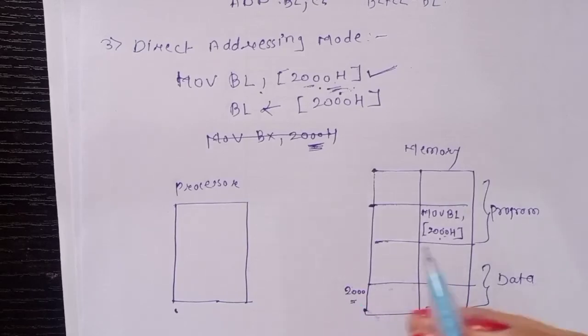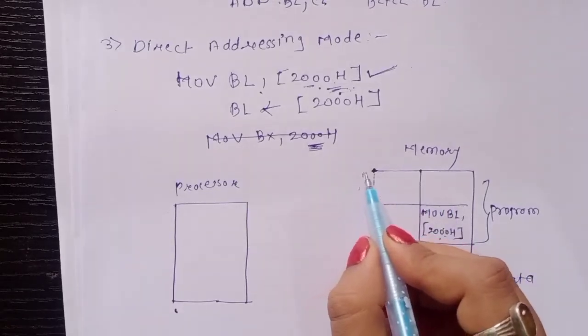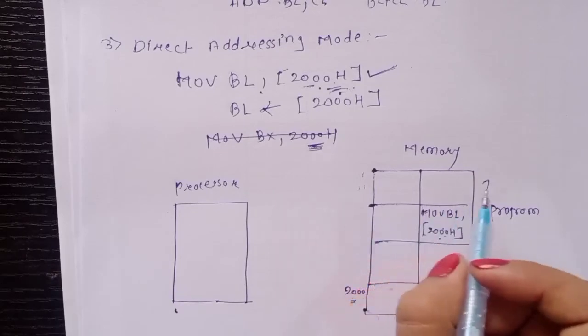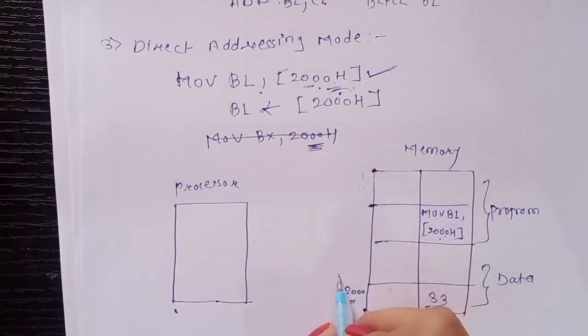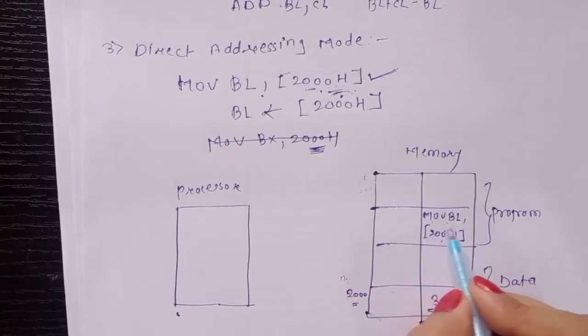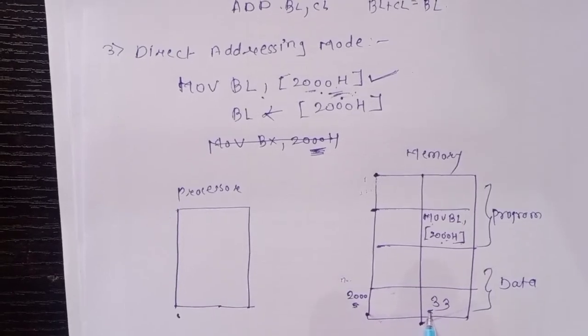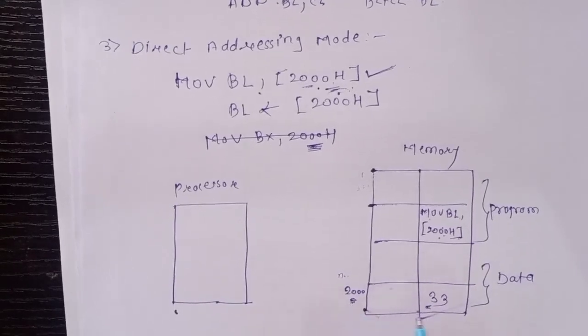As we have seen in the previous lecture on instruction sequencing and branching, here I plus 1, I plus 2, in these memory locations your instructions and program are stored, but here NUM1, NUM2, NUM3, SUM, their data is present. So this is the instruction MOV BL, [2000H], and somewhere in the memory there is a location 2000, and at that location your data 33 is present. It means that this memory location carries data 33.